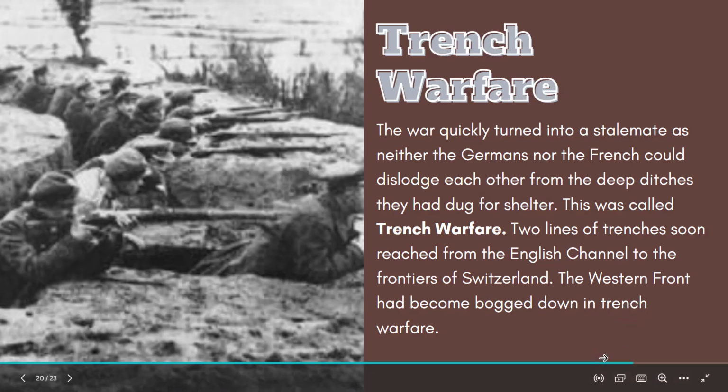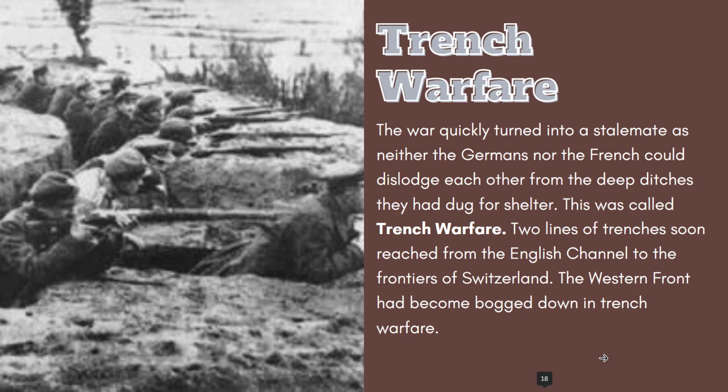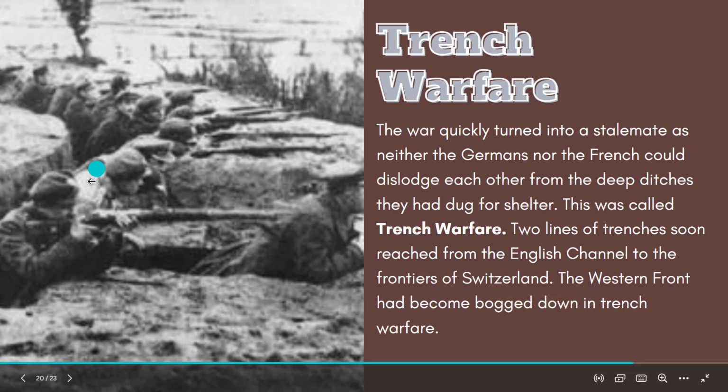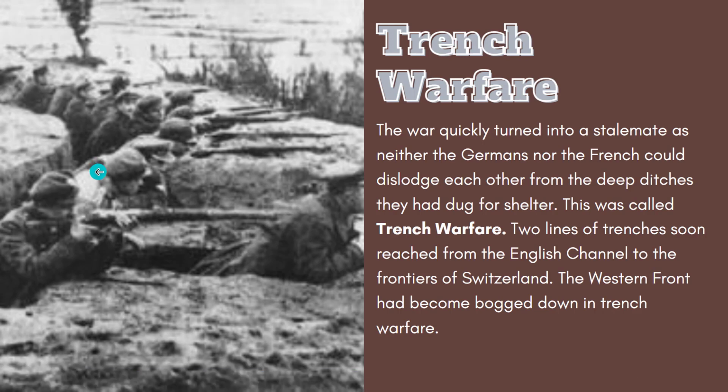So, trench warfare. During World War I, there was often a stalemate between France and Germany. They were fighting these long battles, and neither one was winning the war, especially because of trench warfare, where they would dig these deep ditches, as you see here, and hide in them to make short, quick attacks.